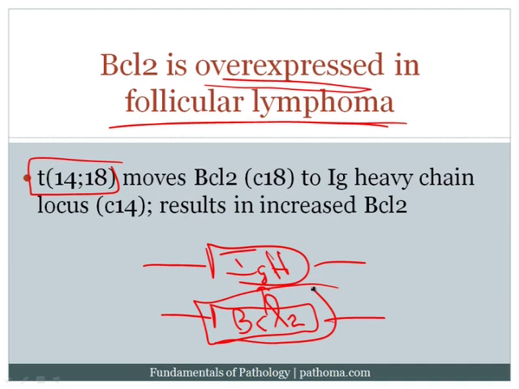However, there is one region in the body where you actually want a lot of apoptosis, and that is in the follicle. Now, why do you want that? Because remember what's happening in the follicle. In the follicle, the B cells are undergoing somatic hypermutation. What's somatic hypermutation?